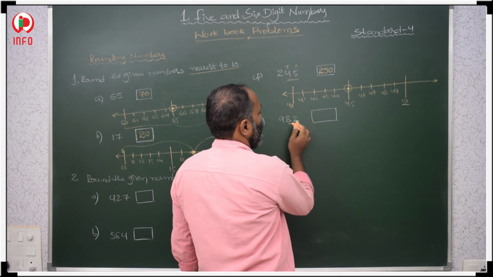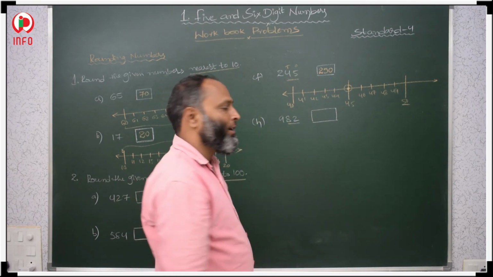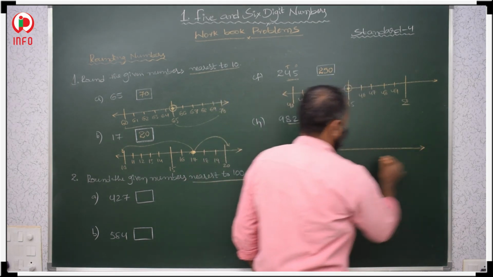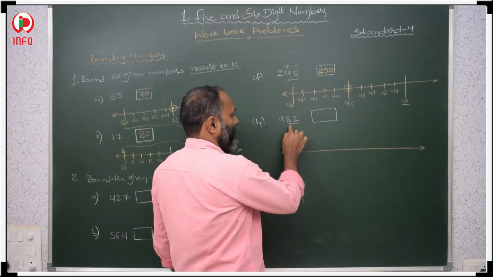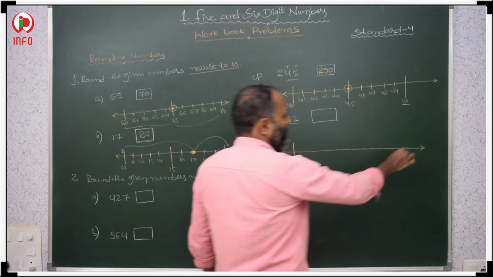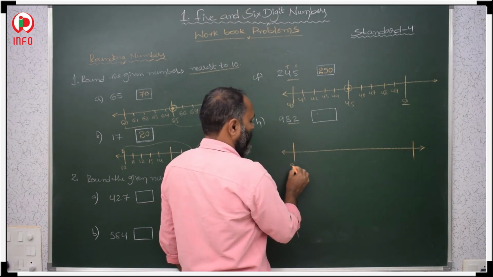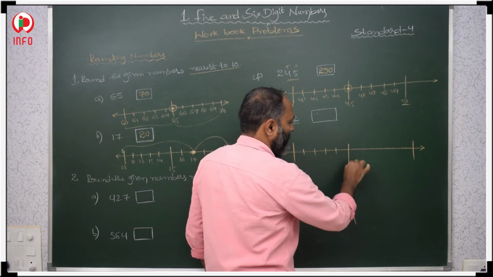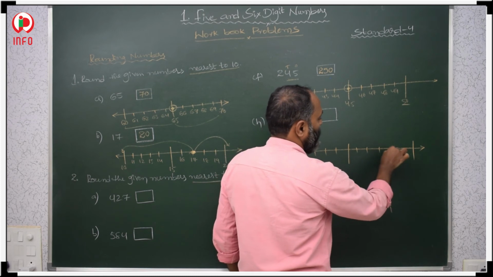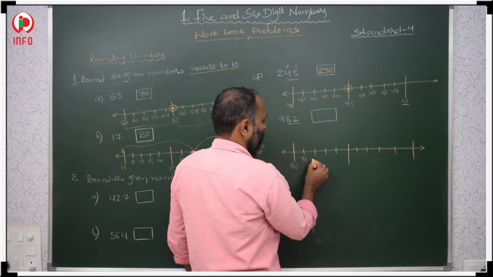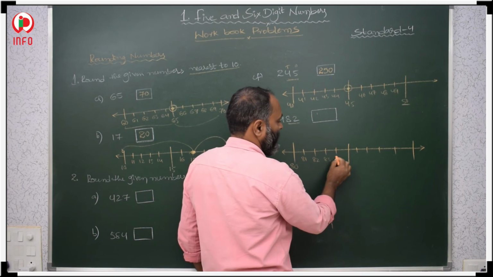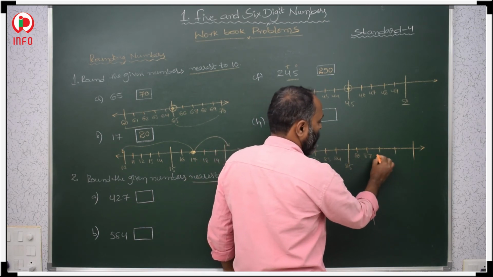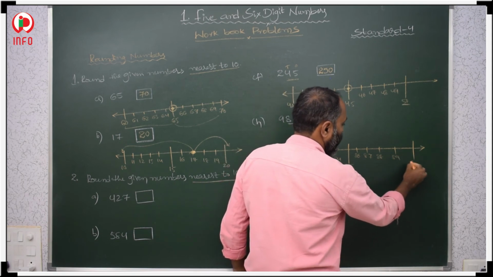Now, this one. Nearest to tens means we have to disturb only this 82, so the 9 stays as it is. So after that we will get 82. 82 is in between 80 and 90. 81, 82, 83, 84, 85, 86, 87, 88, 89, 90.